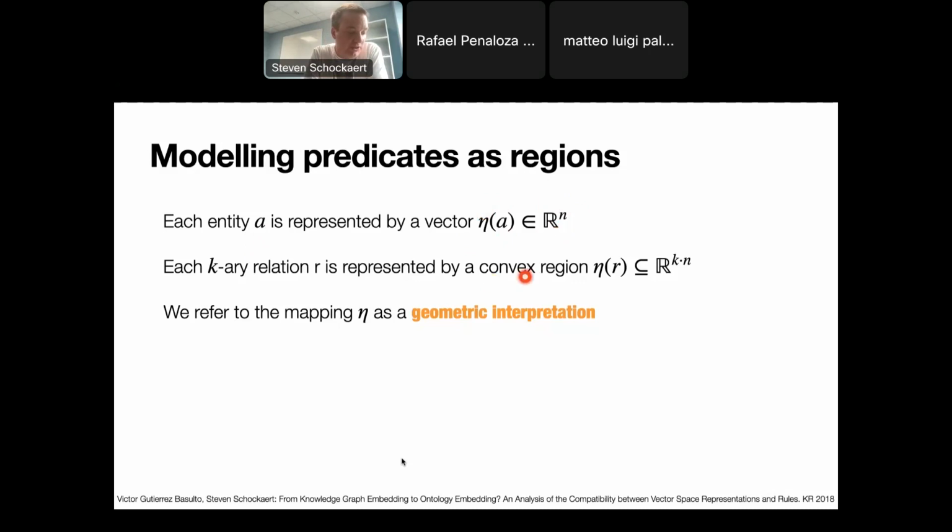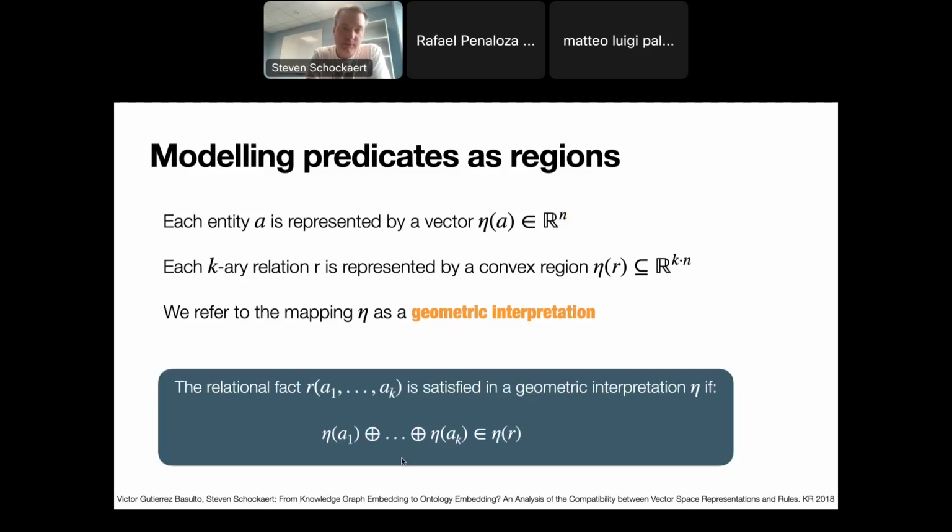Often we'll assume this to be convex, but that's not essential. It's a region in a space that is essentially the Cartesian product of the embedding space k times with itself, right? So if entities are represented in n dimensions, then this region will have k times n dimensions.